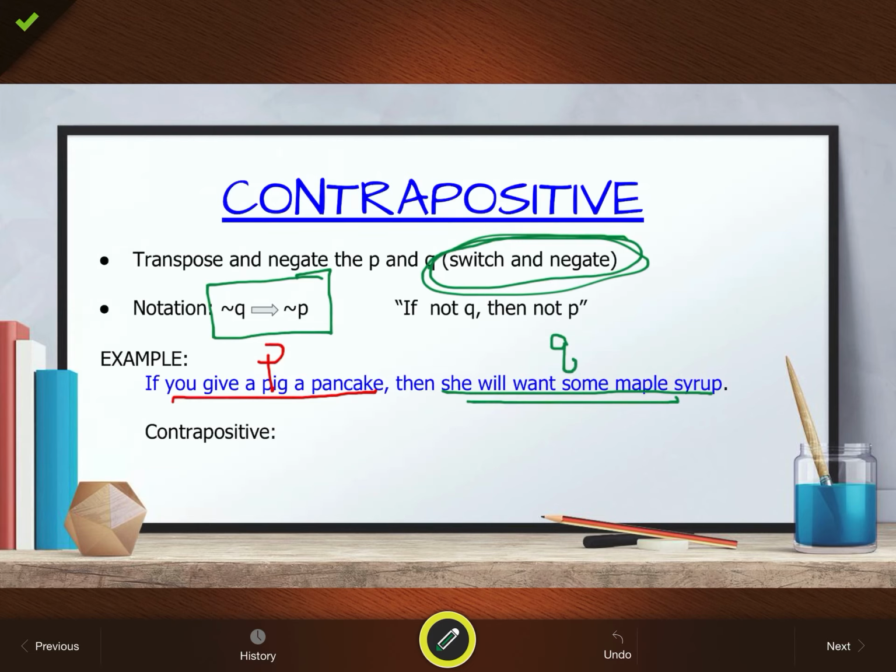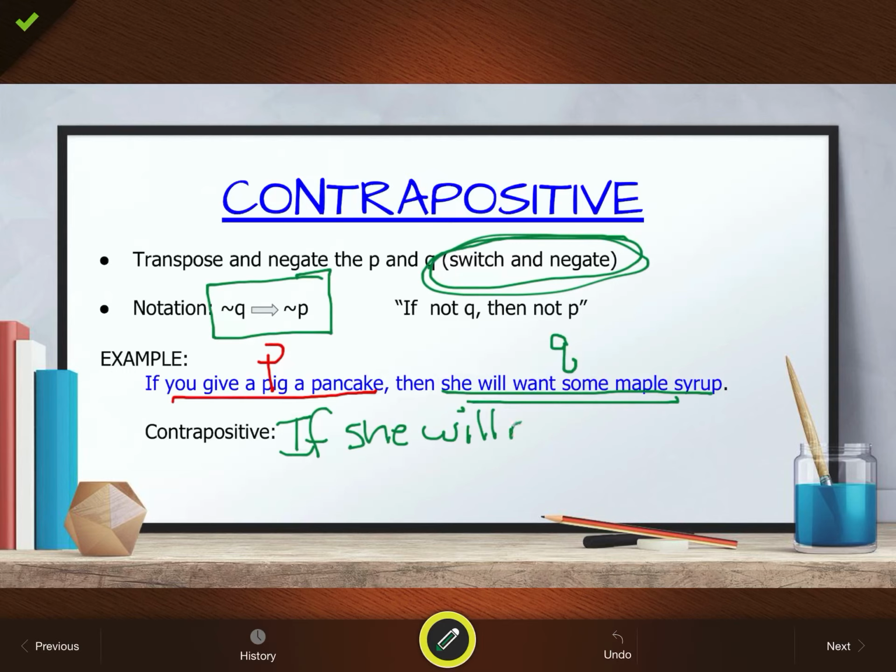It comes after the word then. So to write the contrapositive, I have to switch my P and Q and I have to negate them. So I always start with if. So I switch them. So my Q, my conclusion, is going to move forward to the front.